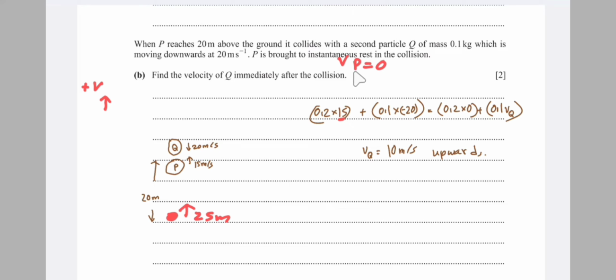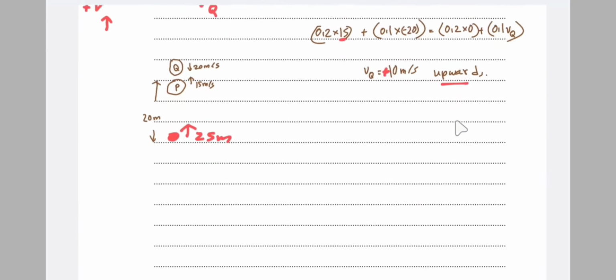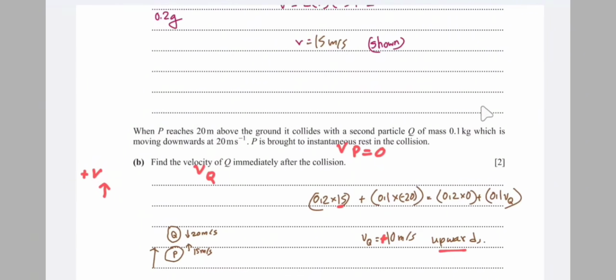So mass into velocity, and since P comes to rest, the velocity of P is 0, plus mass into velocity of Q. And we need to find the final velocity, that is the velocity of Q after collision. So the velocity of Q comes to 10 meters per second, and since the value is positive, and we assumed that positive is for upward movement, we can say that it is moving upward.